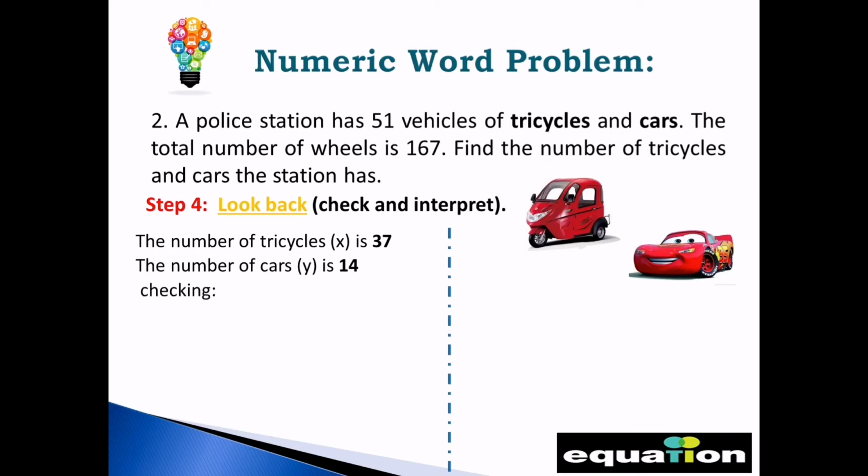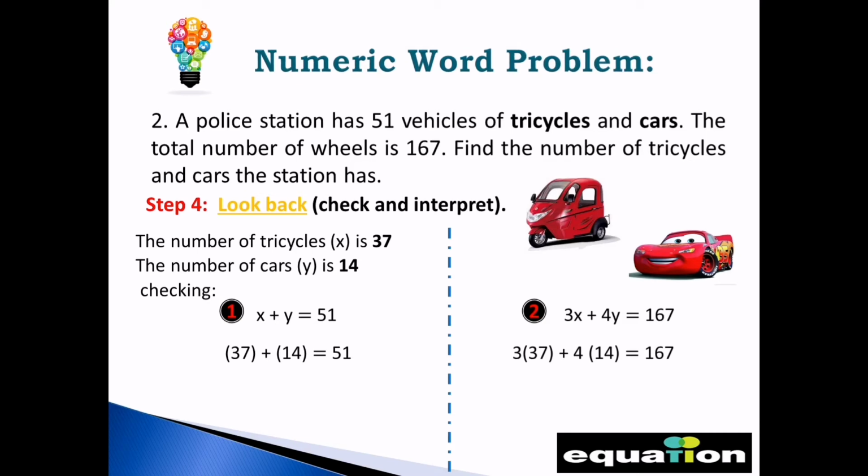Let's do the checking here. I will use equations 1 and 2, and just substitute the values of x and y. Since the number of vehicles is 51, 37 plus 14 is 51. Since the total number of wheels is 167, 3 times 37 plus 4 times 14.